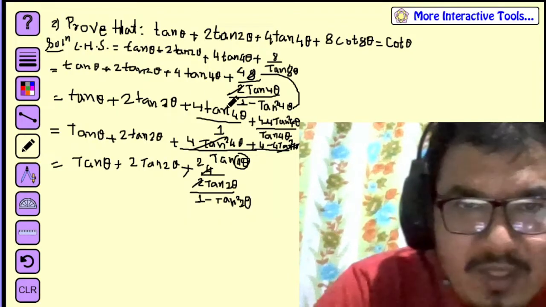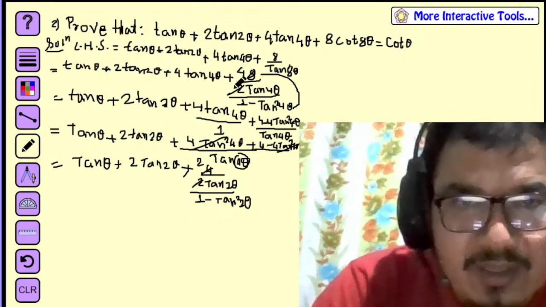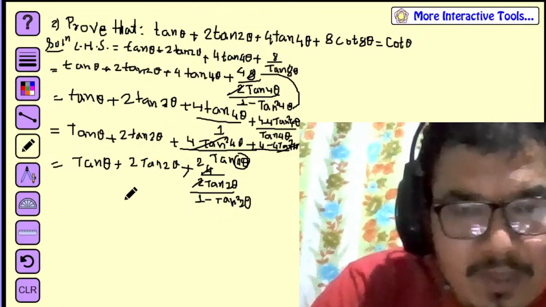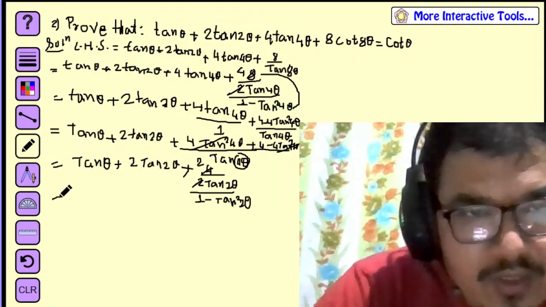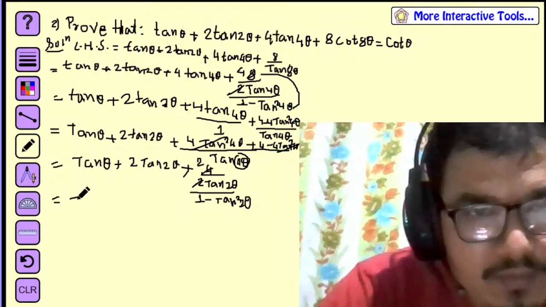Same thing we apply here. Whatever we did in the second and first term, now this goes up multiplied with 2, and the other terms remain the same.